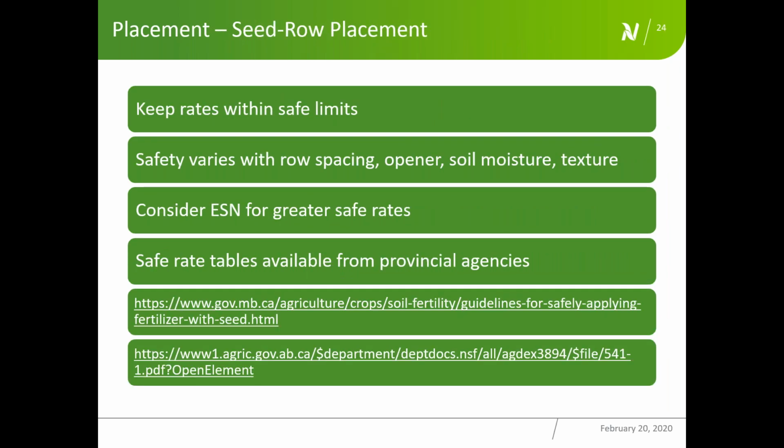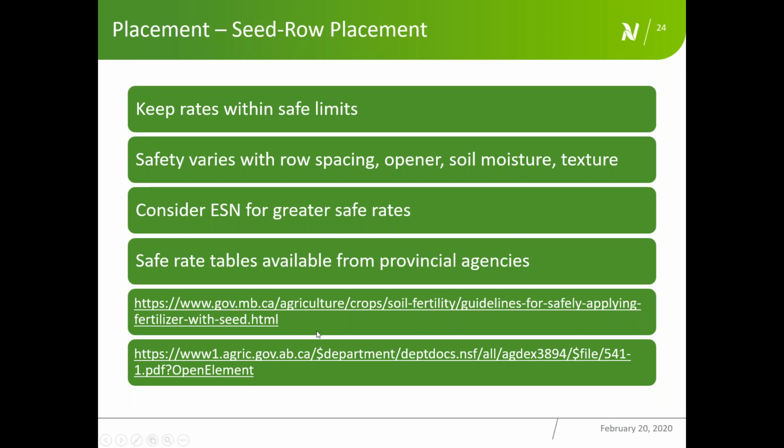Seed row placement is popular for the cereal and canola production systems, but we need to recognize there are safe limits. The safety varies with row spacing, openers, seedbed utilization, and soil properties. There are a variety of resources where you can find these tables.